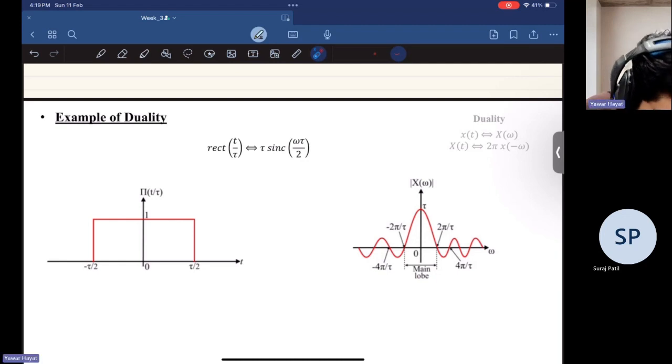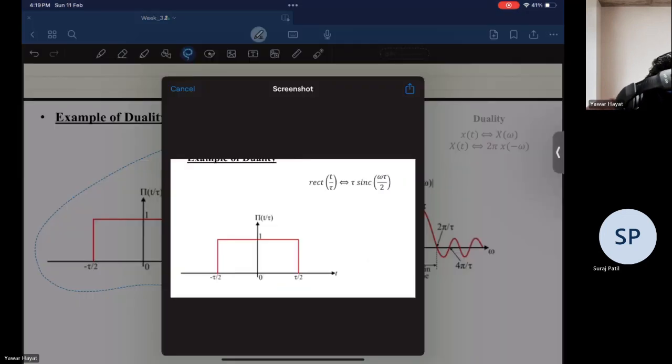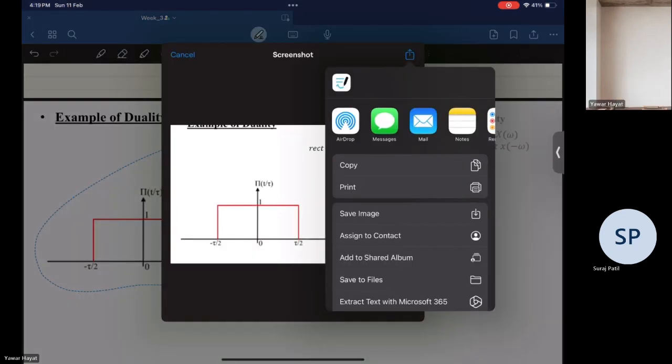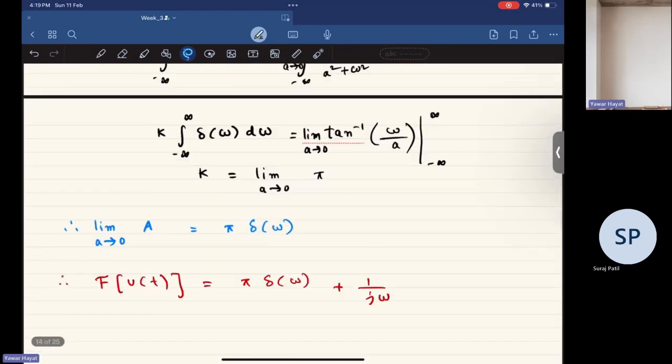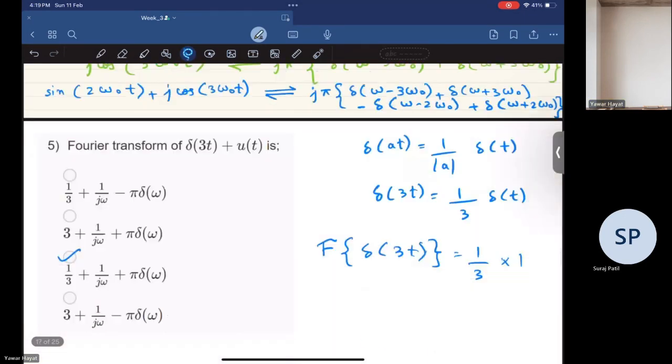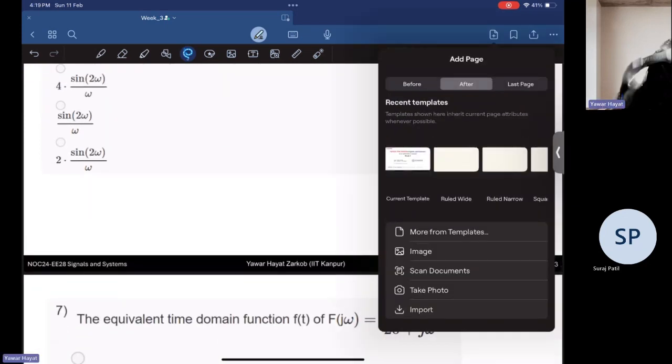Okay, let me do one thing. I'll take this snap. Copy this and paste it on the next page.